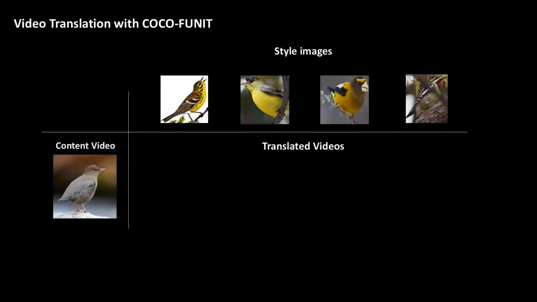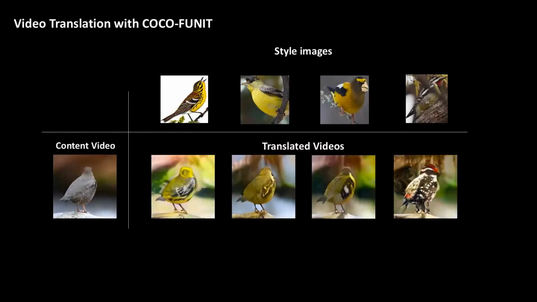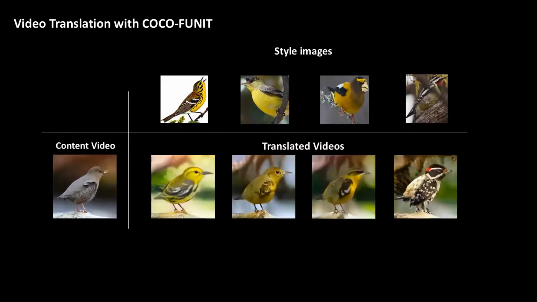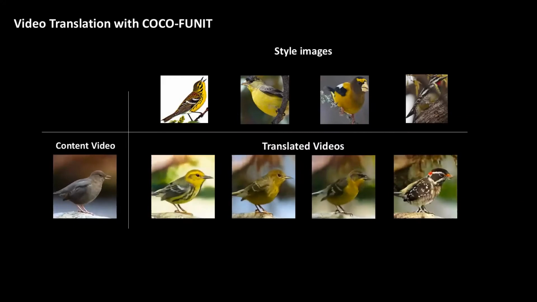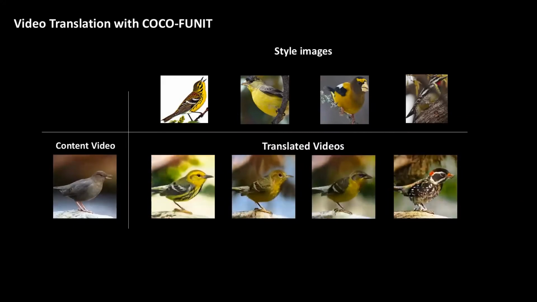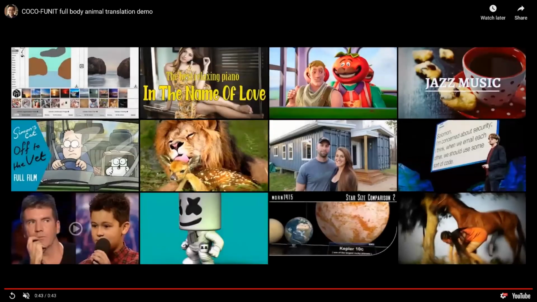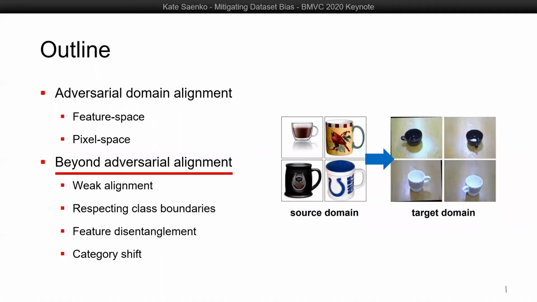Here's another example where the input content video is of a bird, and we translate that into a new style of a bird based on each style image that you see above. You can see that the model is preserving the style and the content fairly well.